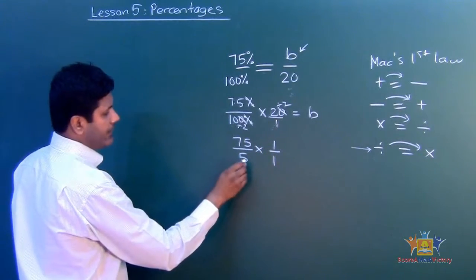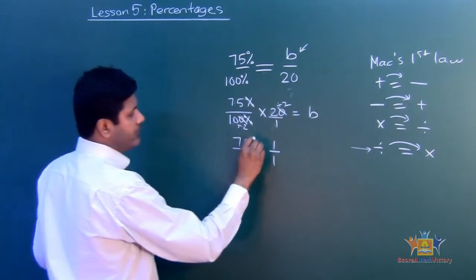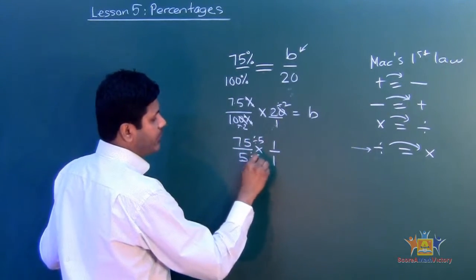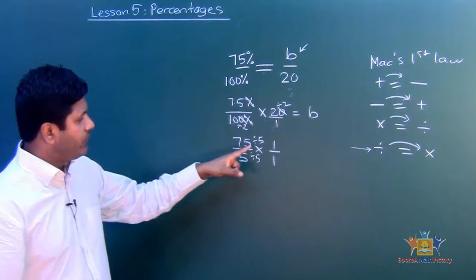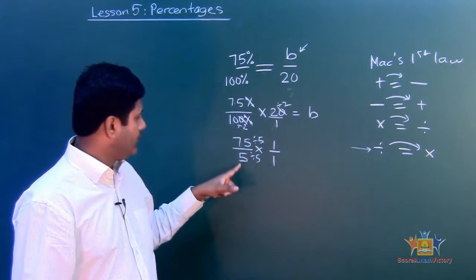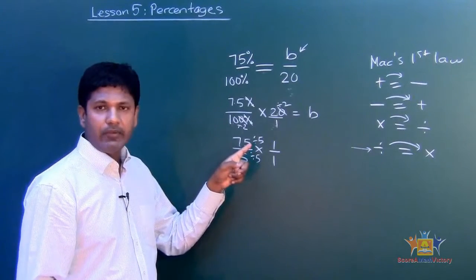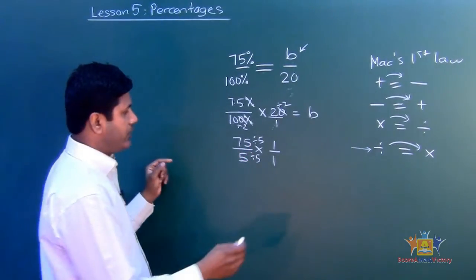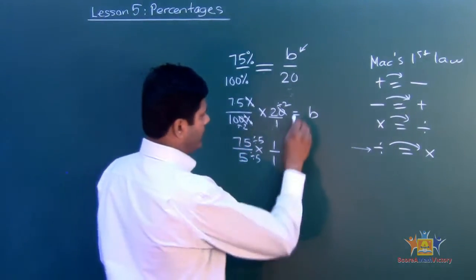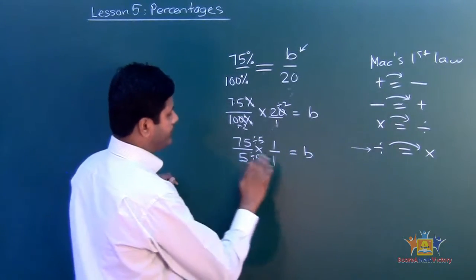But look at this, I can divide this way now. I can divide this by 5, I can divide this by 5. So 75 divided by 5. 5 divided by 5 gives me 1. But this one's outside our times table range, so we can use the long division method. Let's rewrite, making sure we put the B back in there.